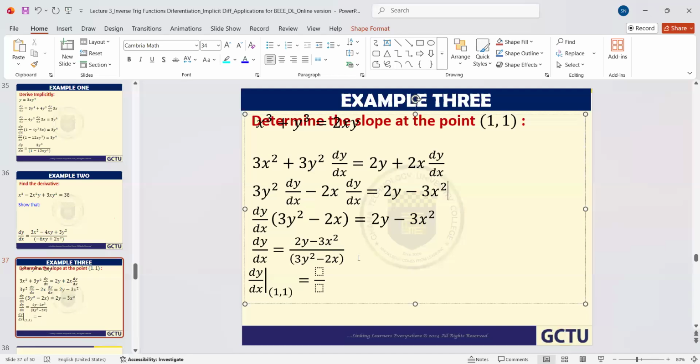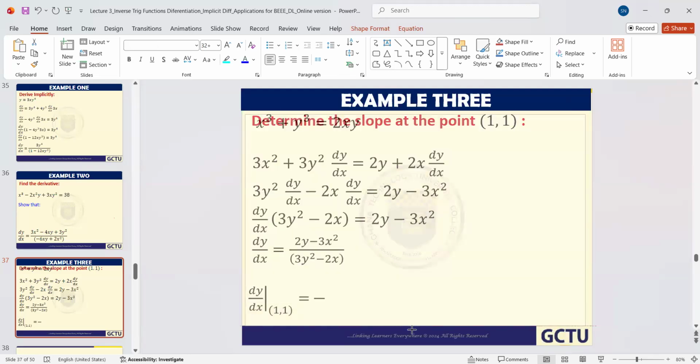So if I substitute 1 here in the numerator, x and y are 1, it gives me 2 times 1 minus 3 times 1 squared. And the denominator will give me 3 times 1 squared, and down there becomes 2 times 1.